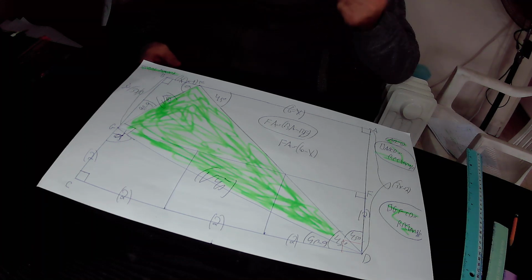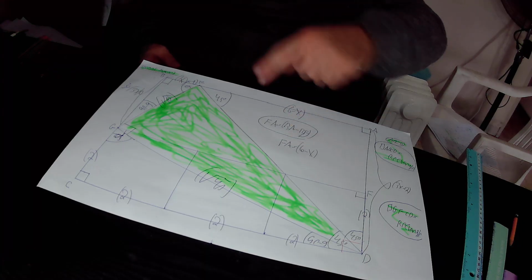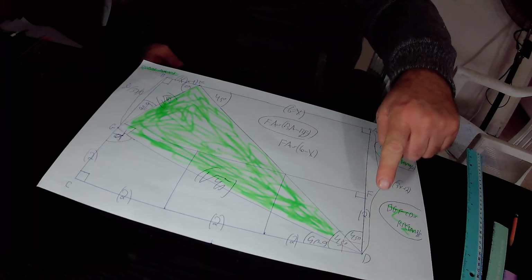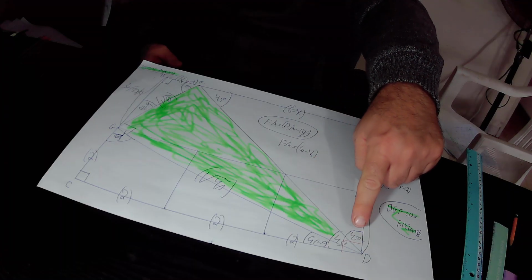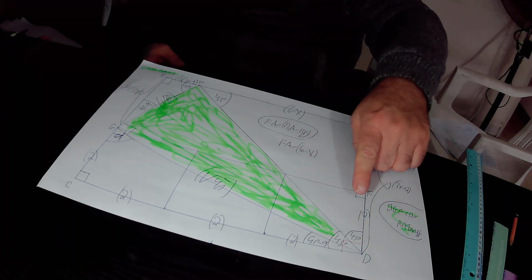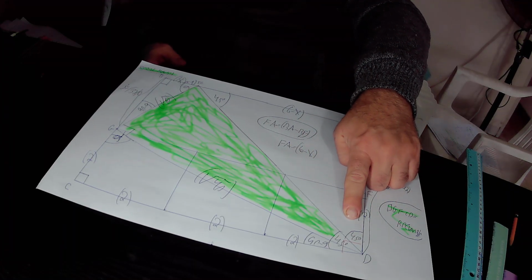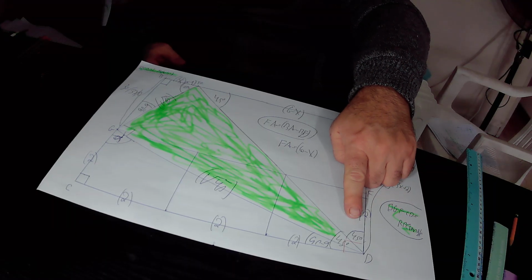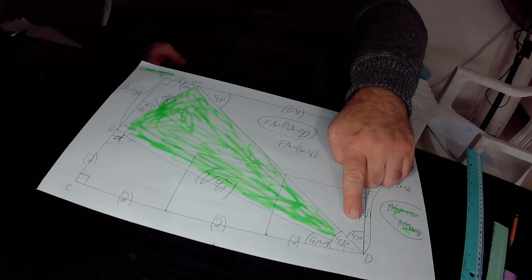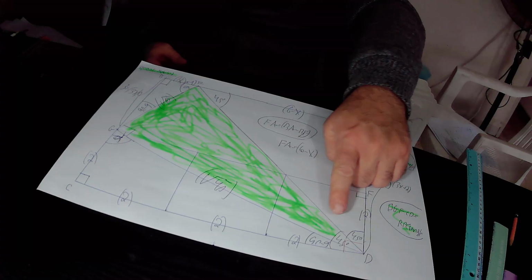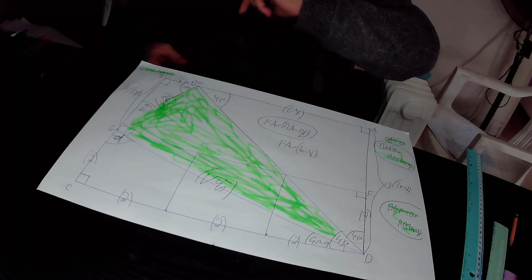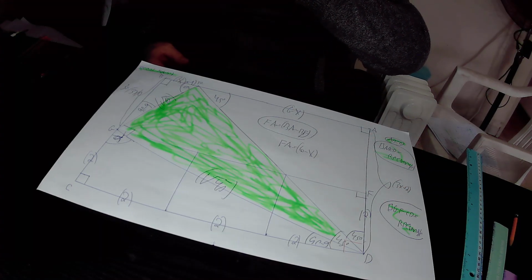We know that this diagonal bisects this angle because it is a square. So each half must be equal to 45 degrees in size. So this first half equals 45 degrees, and the second half also equals 45 degrees in size.